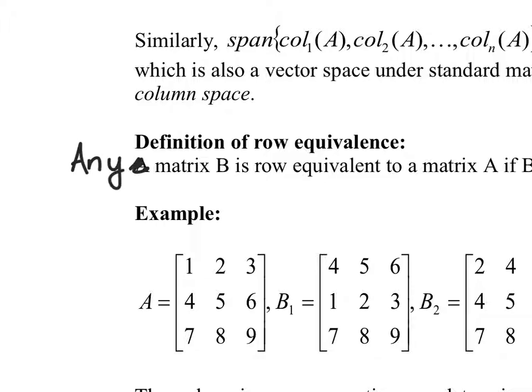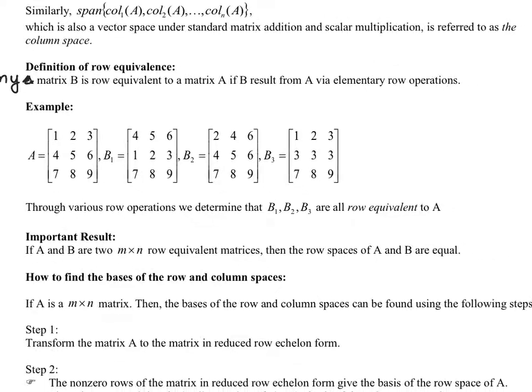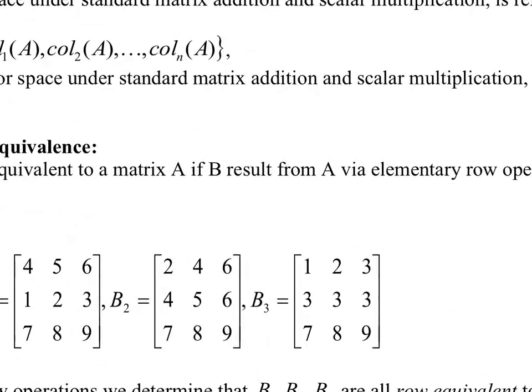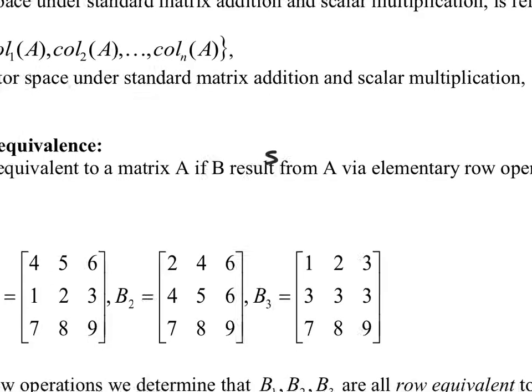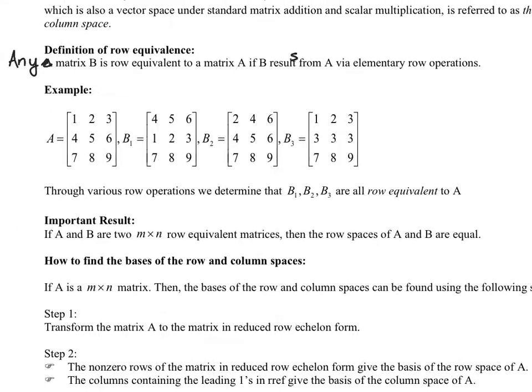So I'll say any matrix B is row equivalent to matrix A if B results from A via elementary row operations. All right, so that's something we knew about from way back when. That's what row equivalence is talking about.